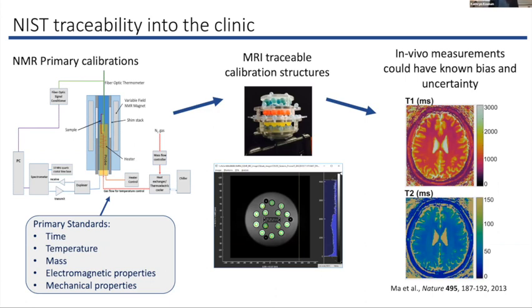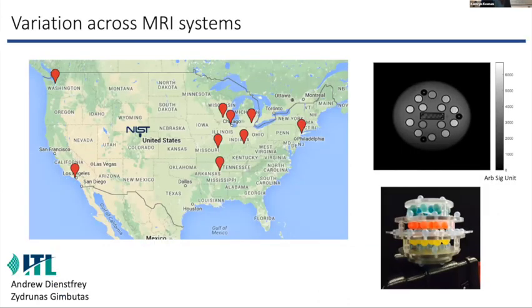So these objects have been available for use, this one in particular, for about a decade. One study that we did was we sent the object across the United States to look at the variation in different MR systems. We asked sites to make the same measurement of inversion recovery and variable flip angle for T1.